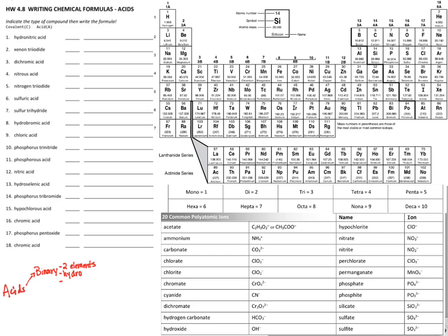It's going to have the root or stem of the second element, and that second element is going to end with the suffix "ic." Right now we'll write some things that they all have in common, and also end with acid.